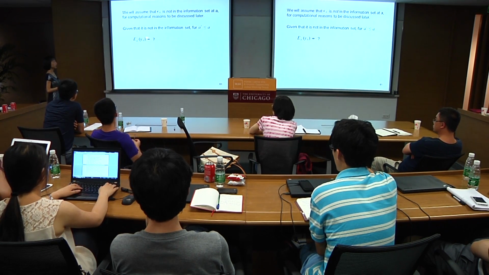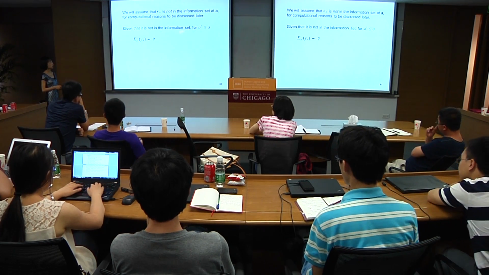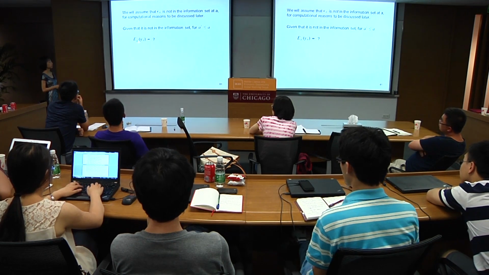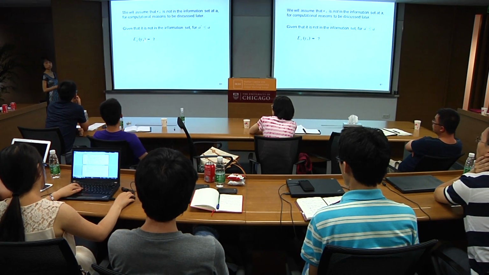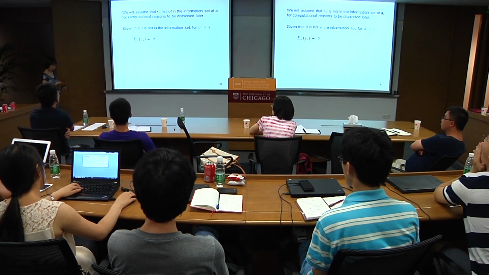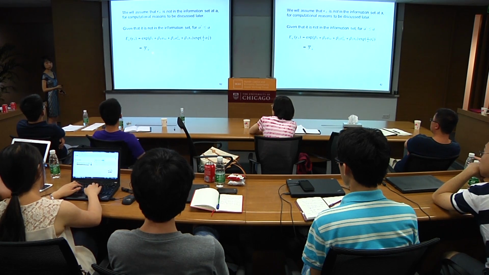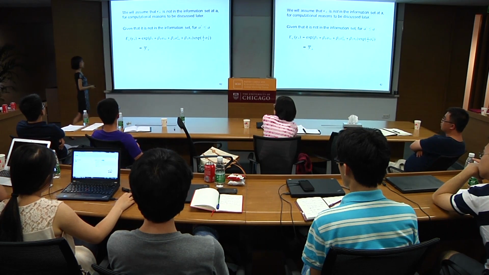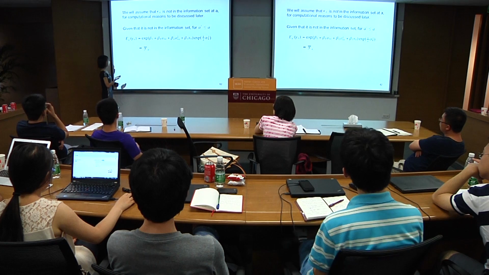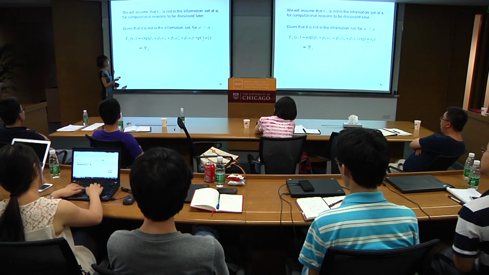Okay, so given the epsilon is not in the information set, what's the expected husband income? Well, it's exactly this. It doesn't depend on the epsilon. And given the log normal distribution of the epsilon, this is the expectation of the epsilon.